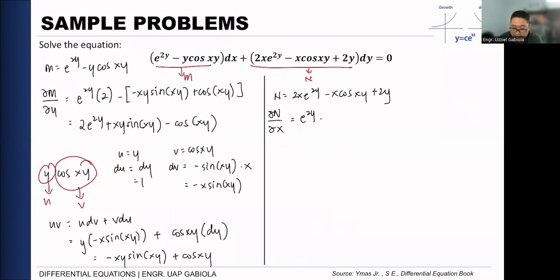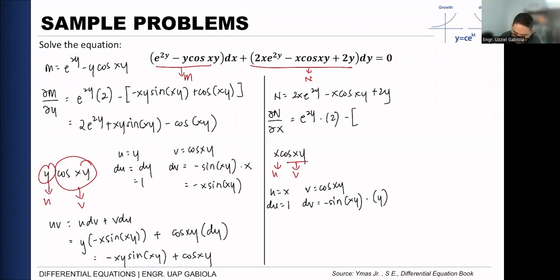So, that is, derivative ng 2x is 2. Okay? Minus. So, meron ulit tayong product, no? So, x cosine xy. Okay? So, magle-let ulit tayo na ito u, then ito yung ating v. So, u is equals to x. So, ang du natin is equals to 1 or dx, no? Or v is equals to cosine xy. This will be dv is equals to negative sine xy. Then si x yung constant, so times y na lang to.